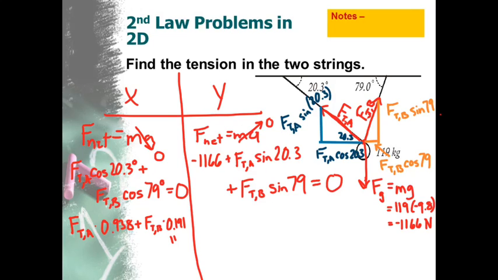All of that equals 0. All right. Here we have negative 1166, plus, I need to now figure out what sine of 20.3 is. Sine 20.3 equals 0.347.